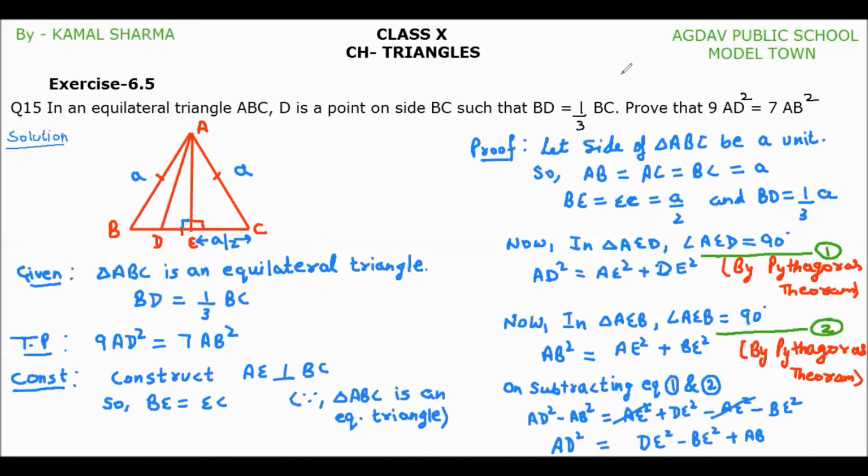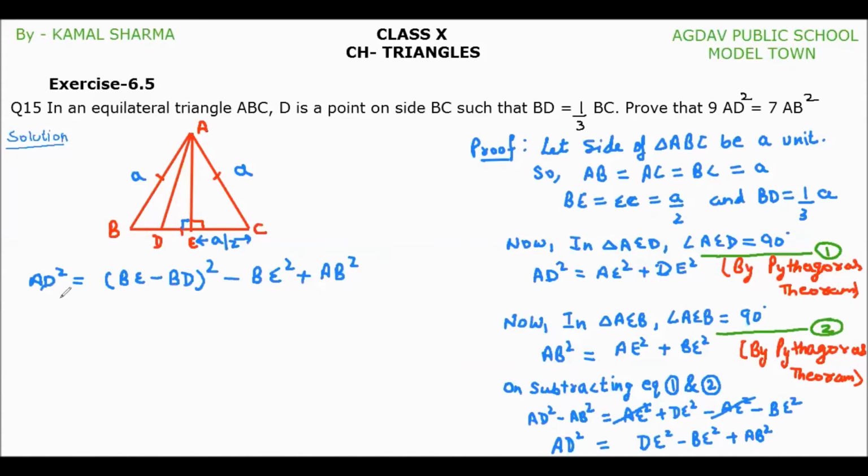From where have we got this AB square? As you can see, this AB square is getting subtracted here, so by the transpose method, it will go to the other side and become plus AB square. Now after that, from this step, I have written AD square. Now this DE, see the figure here, I can write this DE as BE minus BD.